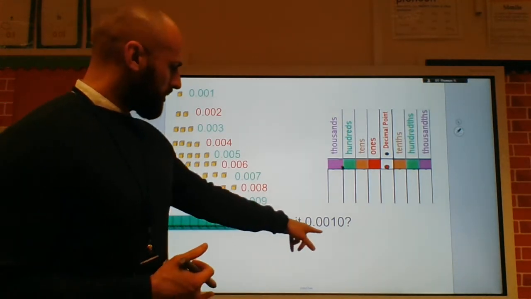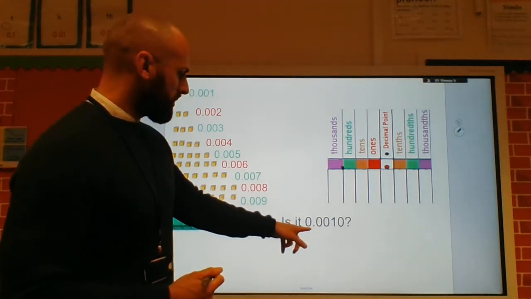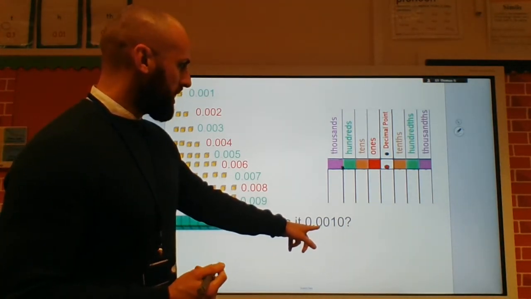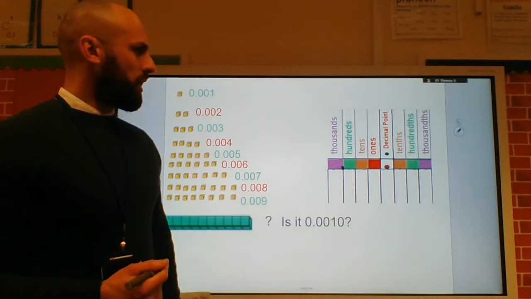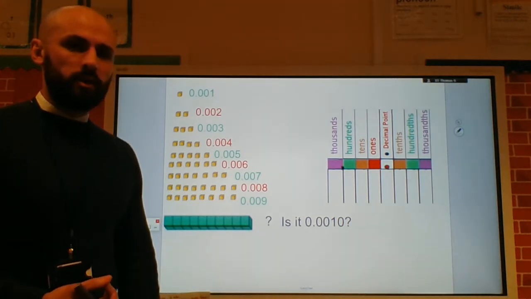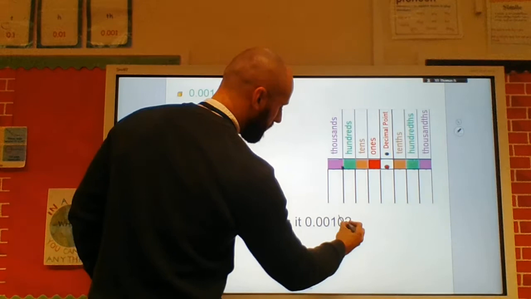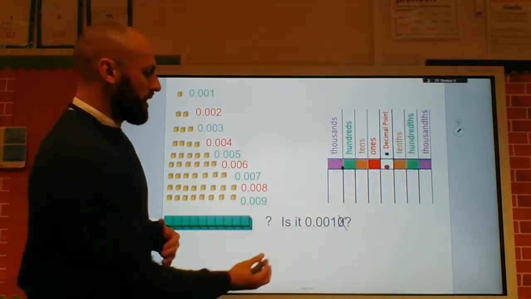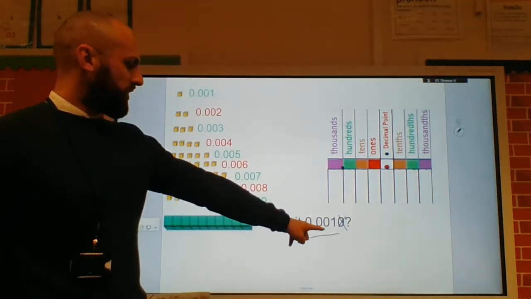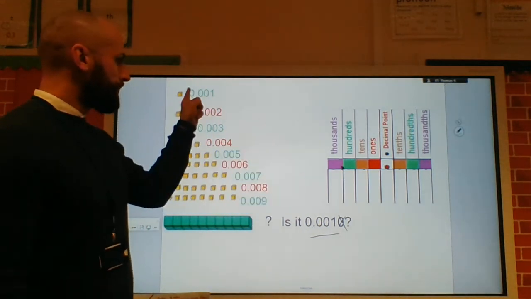Do I write it like this? 0 ones, 0 tenths, 0 hundredths, and then 1,000th there with another 0 just added at the end. Well, no. If I cross that out, you'll notice that the value of this decimal fraction here is exactly the same to that.